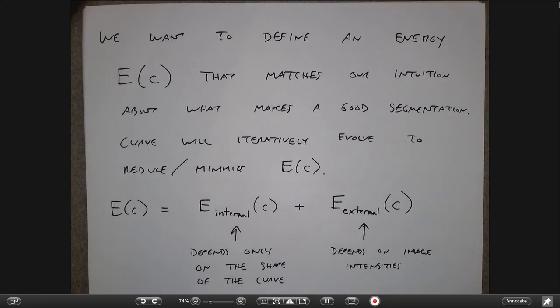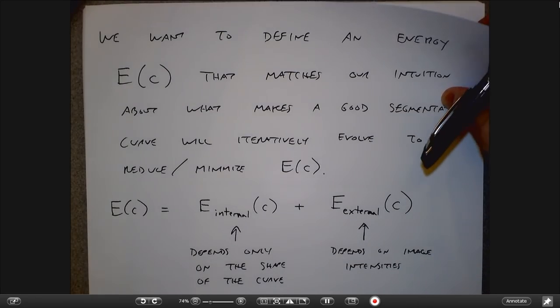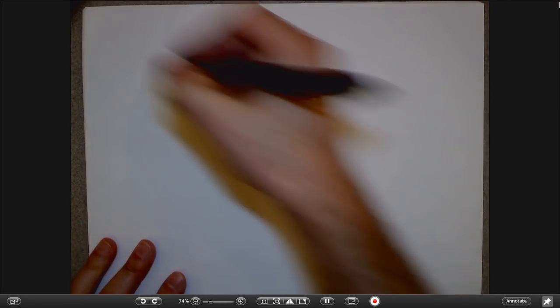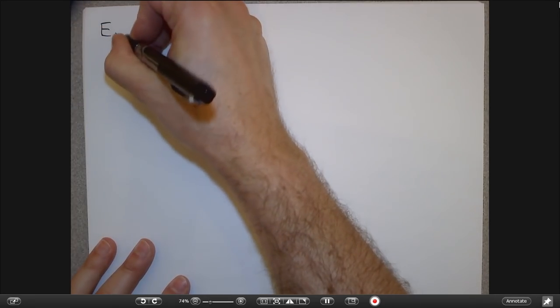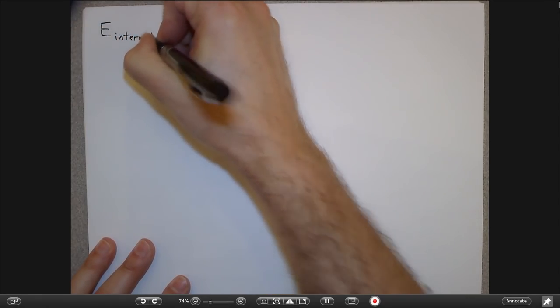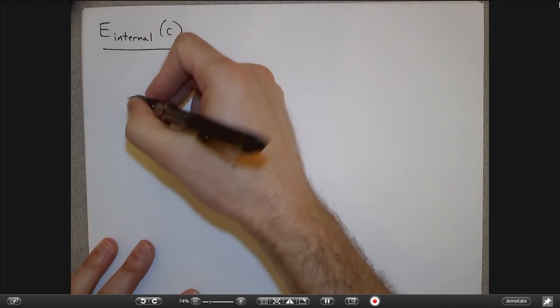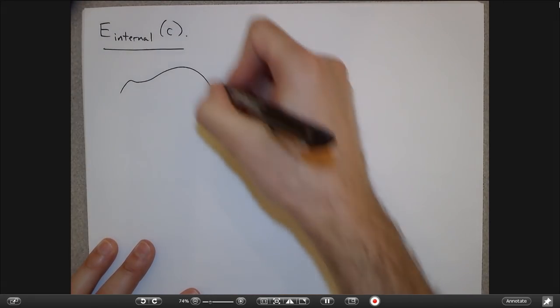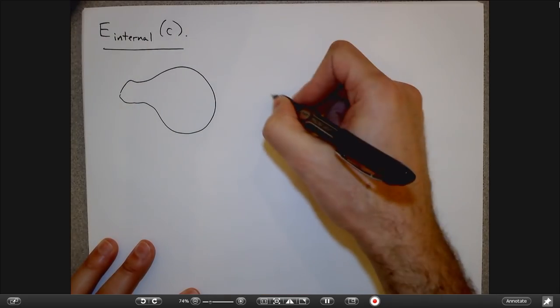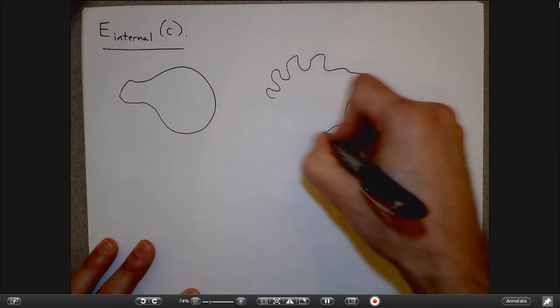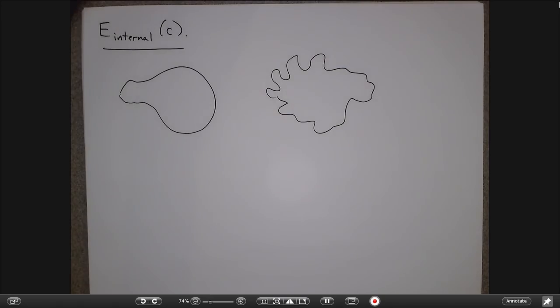So let's talk about E internal. All things being equal, I want a shape that is more like this than a shape that is like this. So something that is nicely smooth and varying and doesn't have lots of ins and outs.